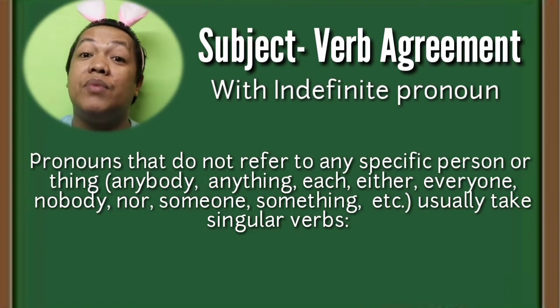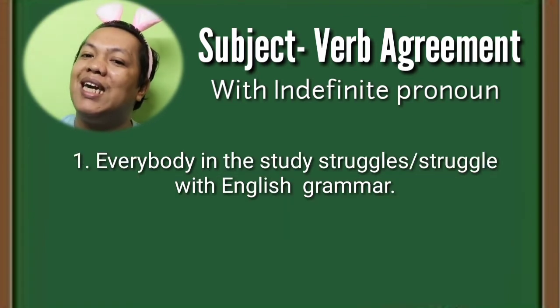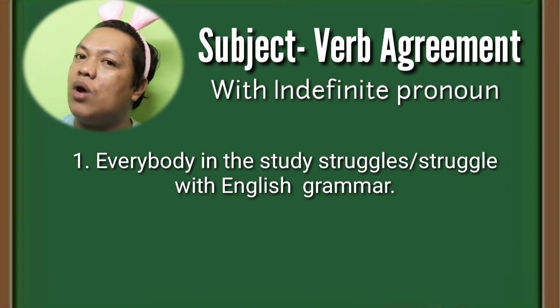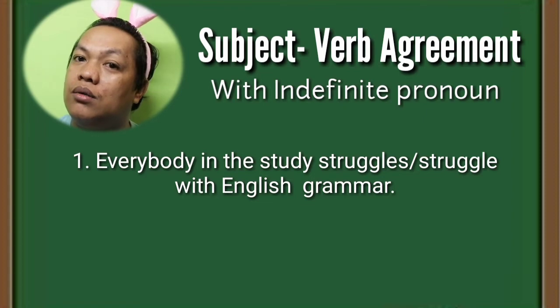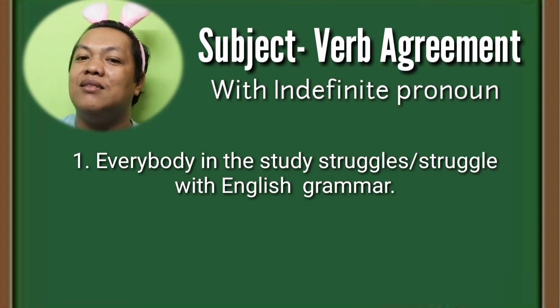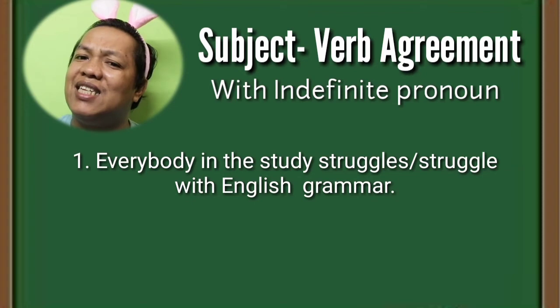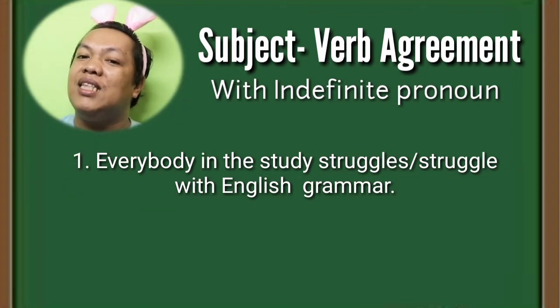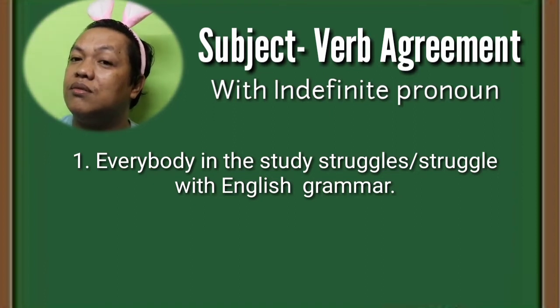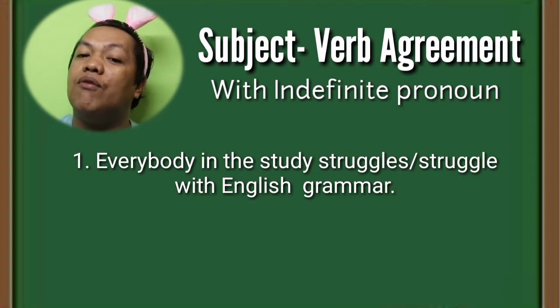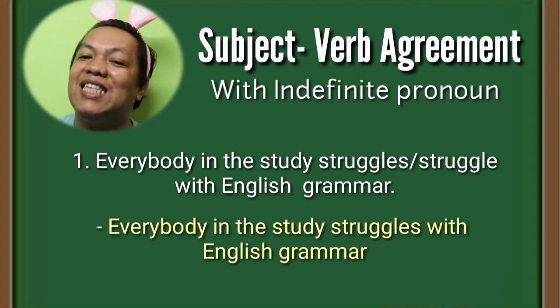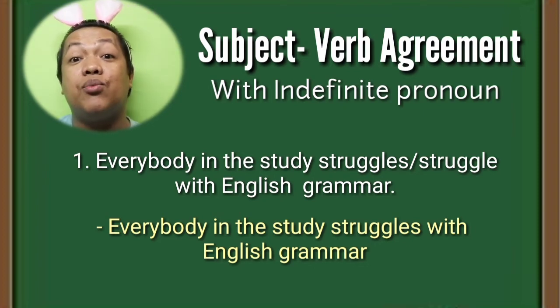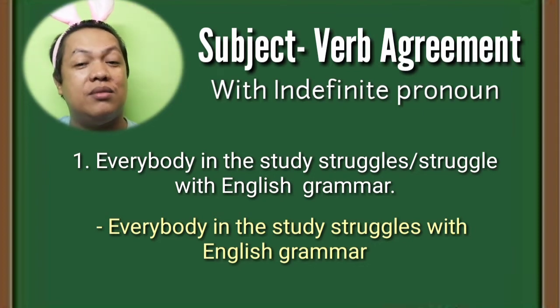For example number 1: everybody in the study struggle with English grammar. Again, the pronoun in the sentence is everybody. Now when you have that indefinite pronoun, you should choose the verb in singular form. Everybody in the study struggles with English grammar.